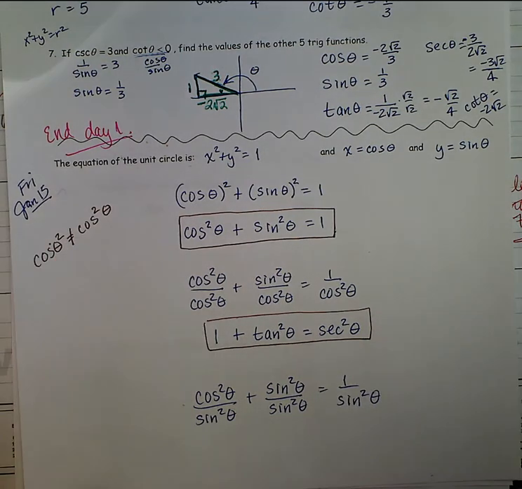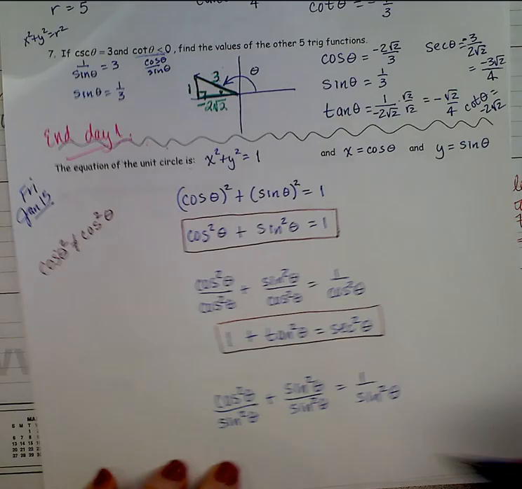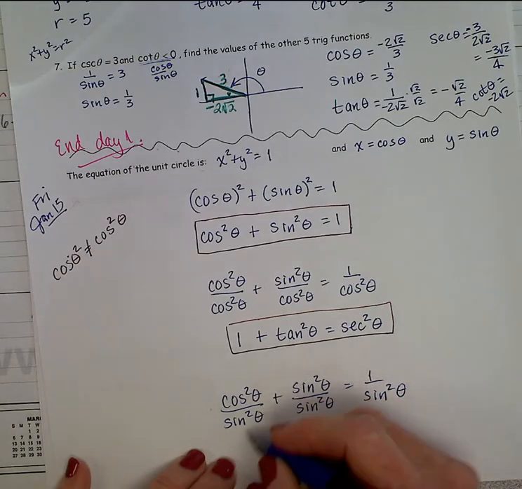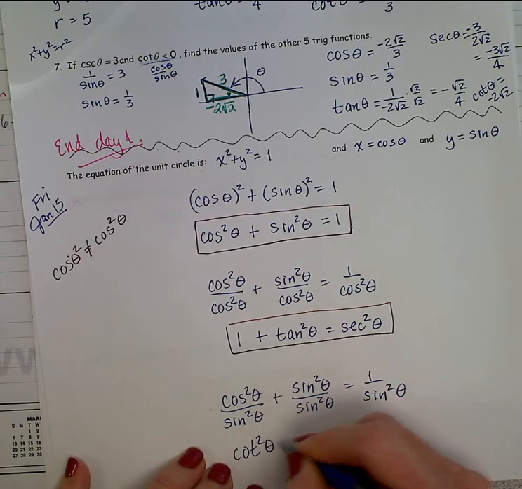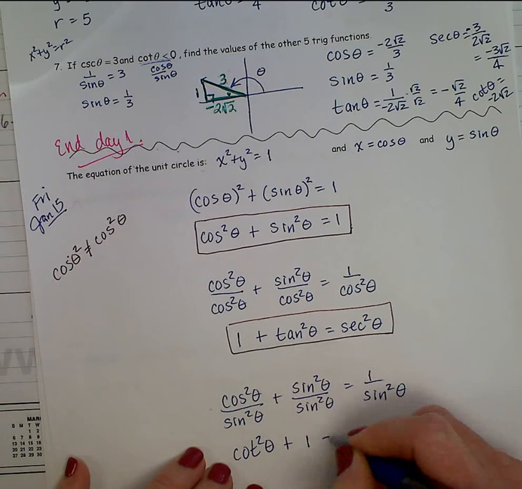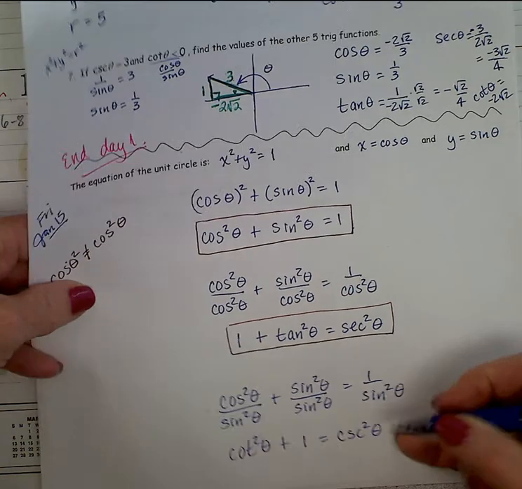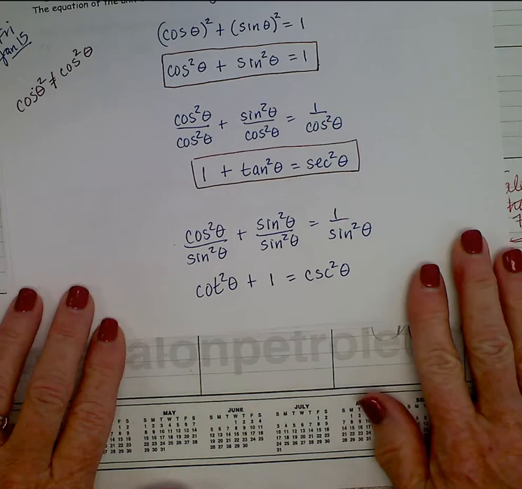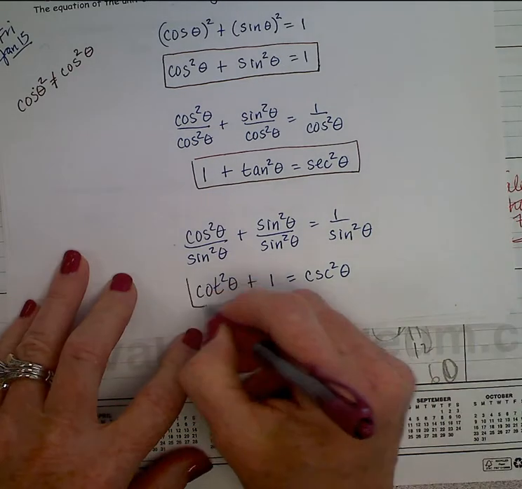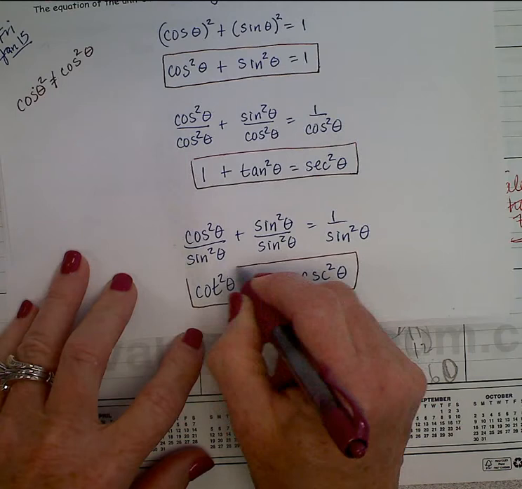We end up with then cotangent squared plus 1 equals cosecant squared theta. Very, very important.